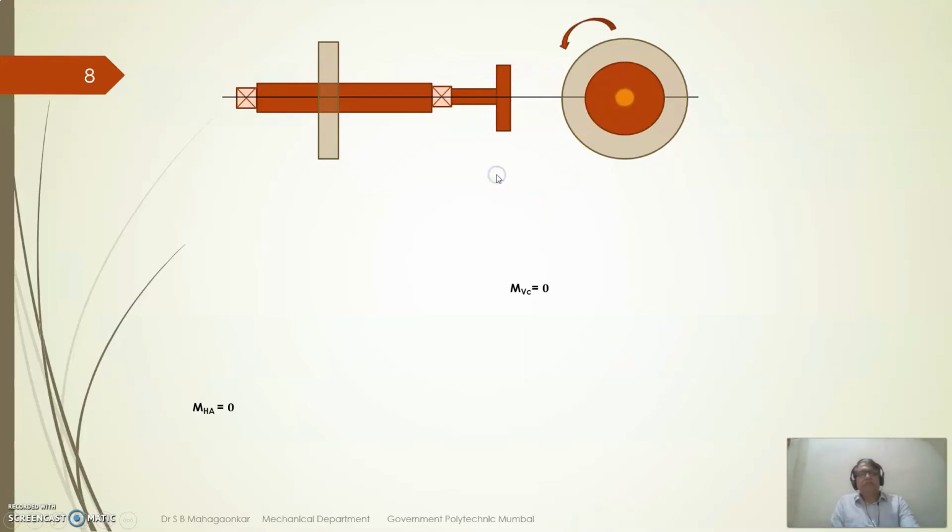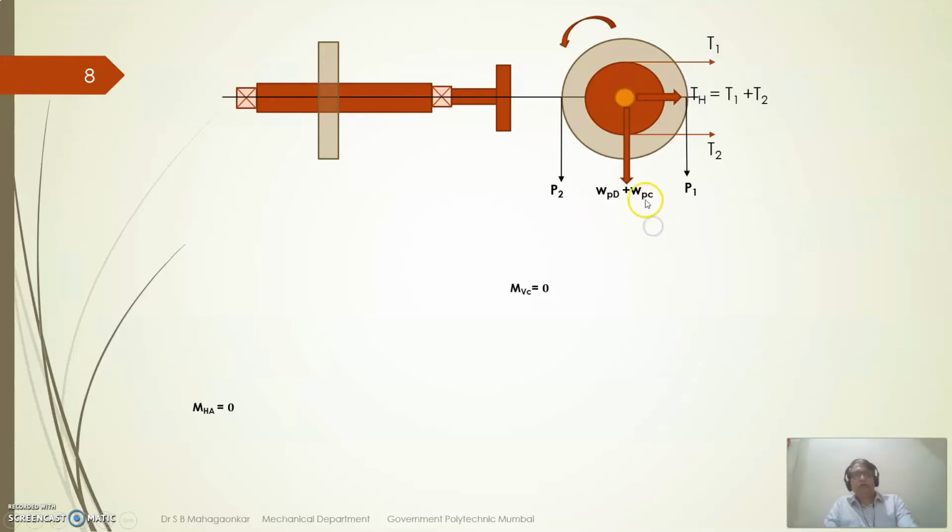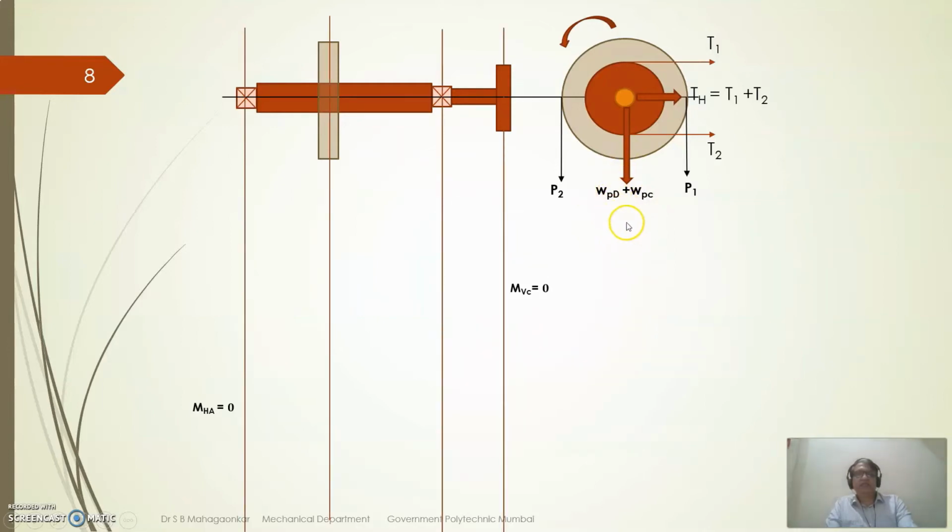The torque is acting anticlockwise, so the tensions are T1 and T2, which are given. Similarly, TH is equal to T1 plus T2. So P1 and P2 I can get by knowing P1, P2, T1, T2, and the weight of the pulleys, as I said, is given.